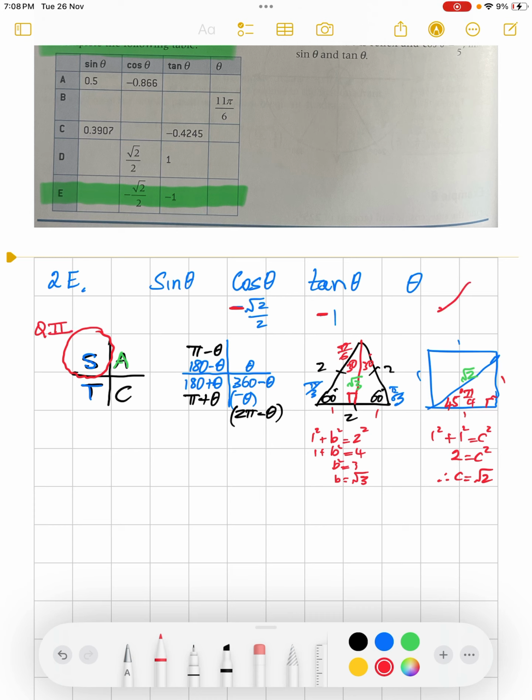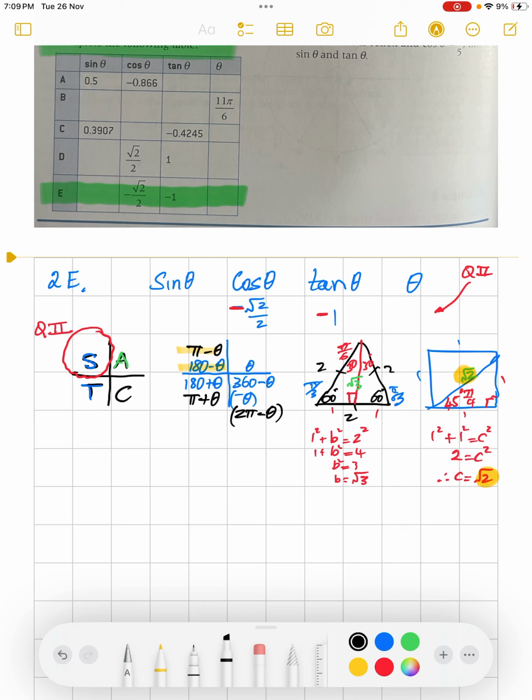So which angles are we dealing with? Are we dealing with 60, 30, or 45? Now you see a root 2, and the only place you can recall a root 2 is in this square, which is a 45 degree angle. So we know we're dealing with a 45 degree angle.